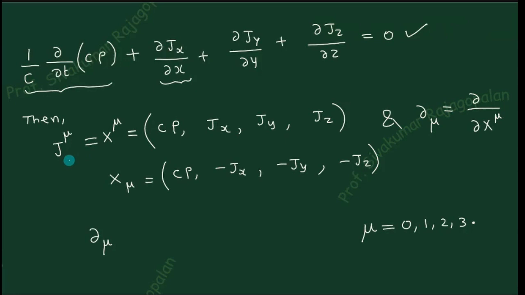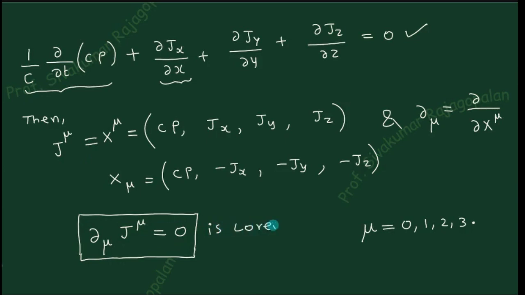But it is better to write J mu because we are talking about the current density and then the continuity equation. For that purpose, we can write it as a current J mu. So I'll write down that this particular dou mu J mu will be equal to 0. So now you see that the continuity equation in electrodynamics looks in a much more compact way. Not only compact, in addition, the right hand side is 0. 0 being a scalar, this is invariant. So I'll write down that this is Lorentz invariant.